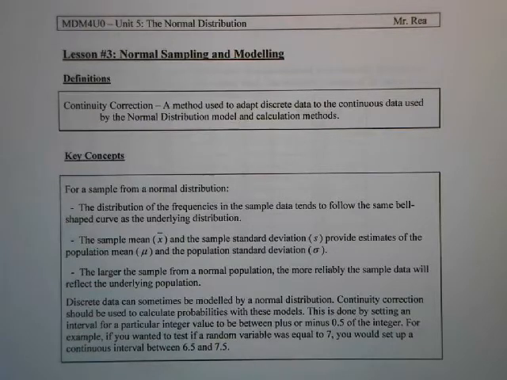You can predict the percentage of time it will happen between those two, the range of variables.